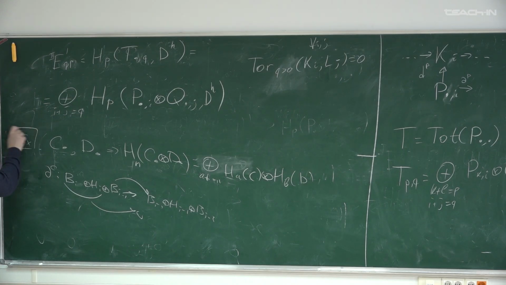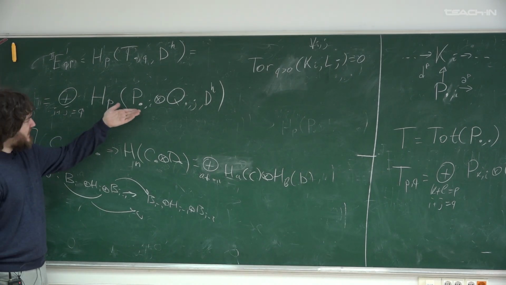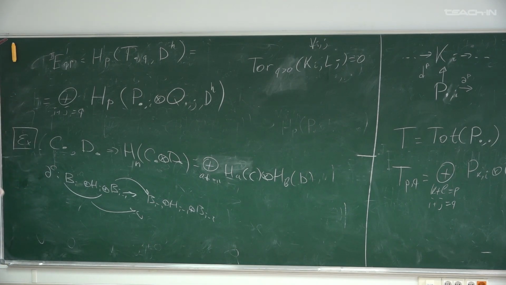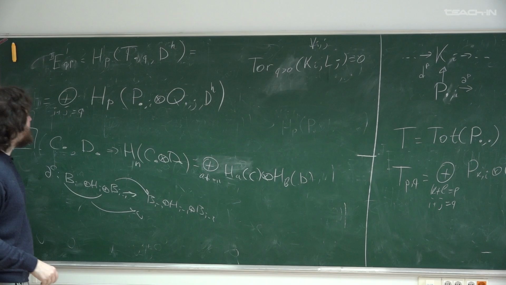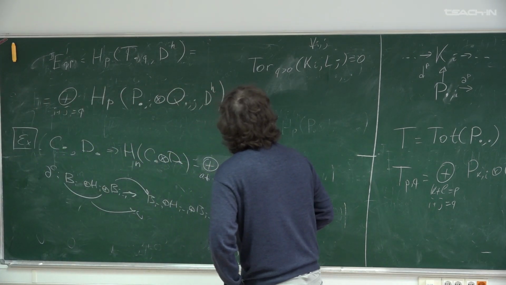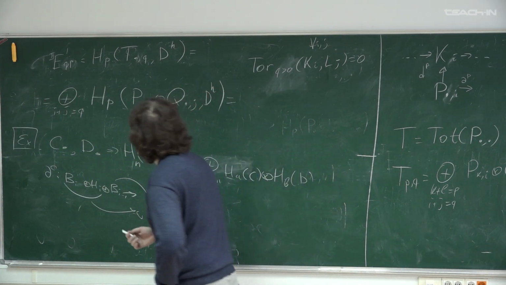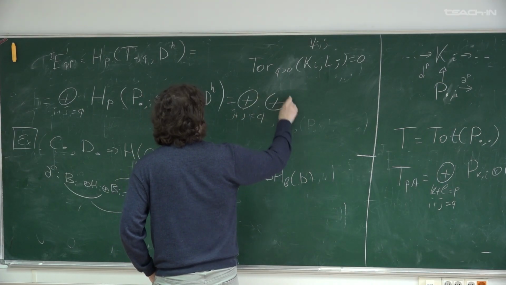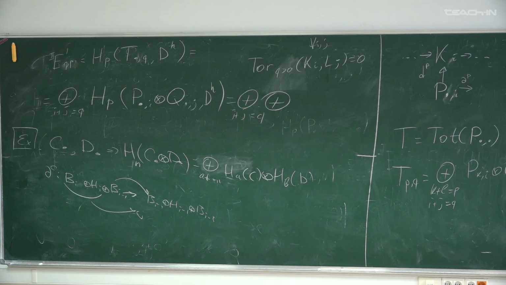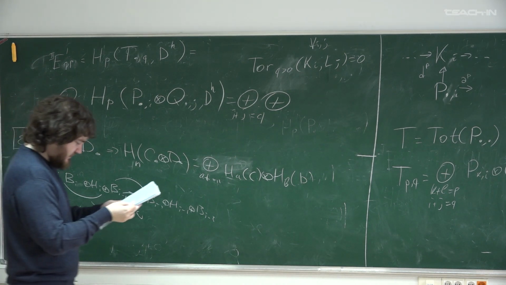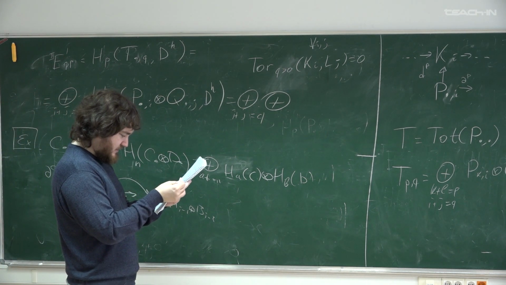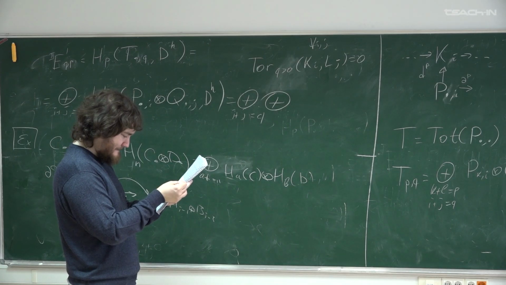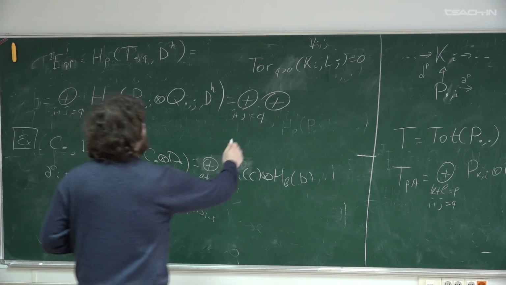It's an exercise. Now I have two such chain complexes, splitting, because I now use horizontal differentials. So I plus J is Q, and I consider P homology.